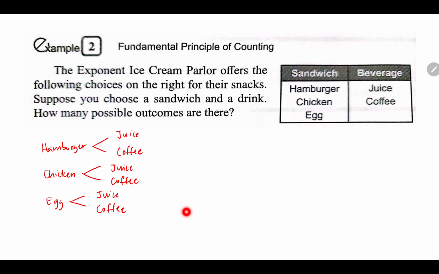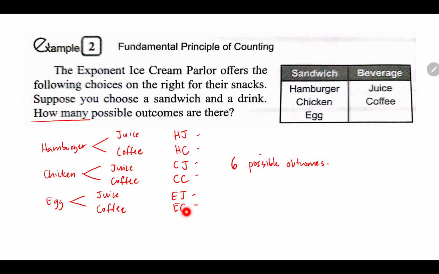So the possible outcomes are hamburger juice, hamburger coffee, chicken juice, chicken coffee, egg juice, and egg coffee. Since the question is how many possible outcomes, we simply count 1, 2, 3, 4, 5, and 6. Therefore, there are 6 possible outcomes.